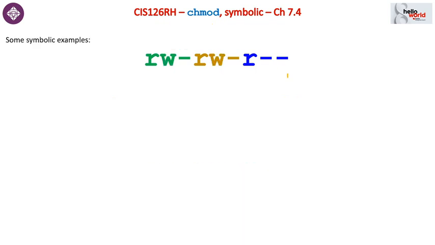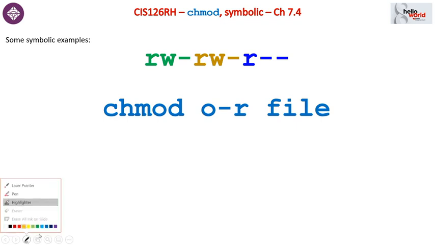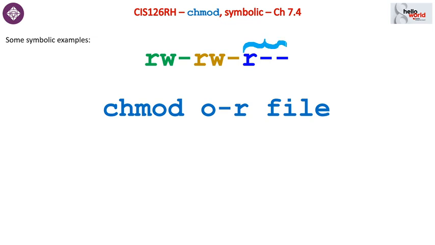Okay, so now we have that. And we issue this. And so the thing here is O is others, right? This is the O group. And plus equals on, minus equals off.